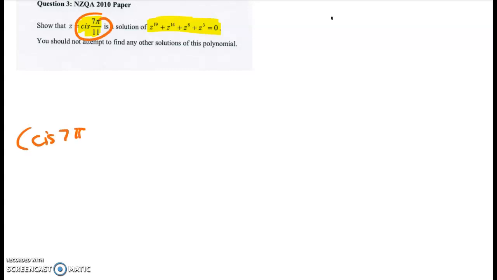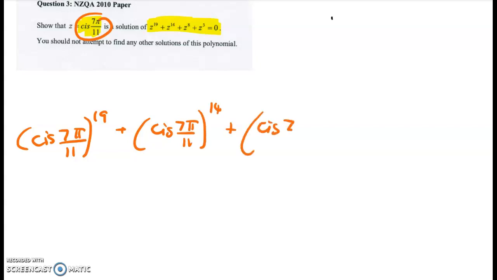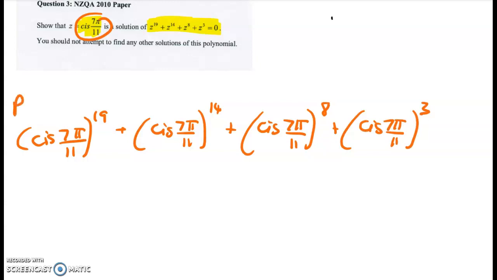Well, we get 7 cis of 7 pi on 11 to the power of 19, plus cis of 7 pi on 11 to the power of 14, right, so we'll call that P of cis of 7 pi on 11. And we're trying to show that it's equal to 0, which is 0 plus 0i.